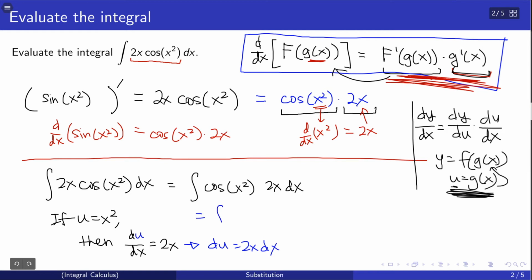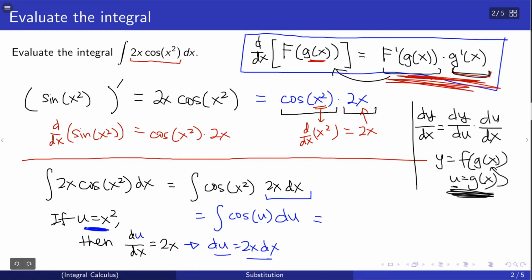Therefore, this allows me to rewrite my integral just in terms of u, right? So this x squared here becomes just u, and 2x dx outside, the entire thing becomes just du.